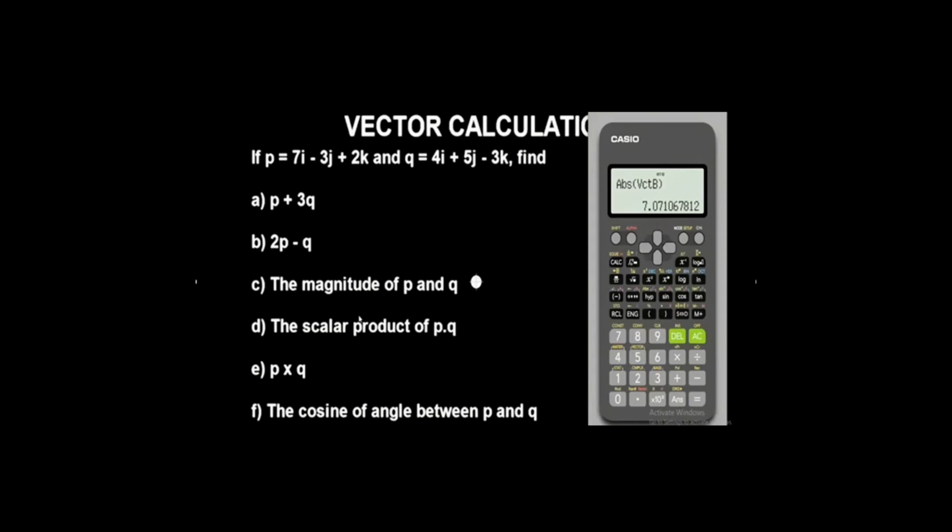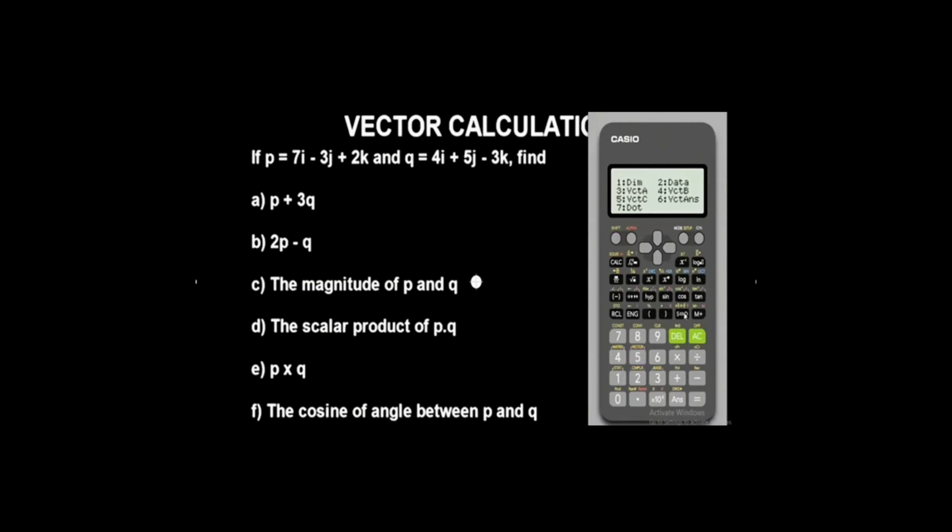We're making progress now. To get the scalar product, let's remove this. Scalar product will be shift this vector A, option 3, which is representing vector P here. So bring out the dot sign, just press shift this button again.